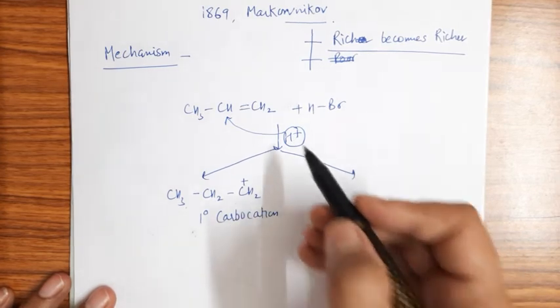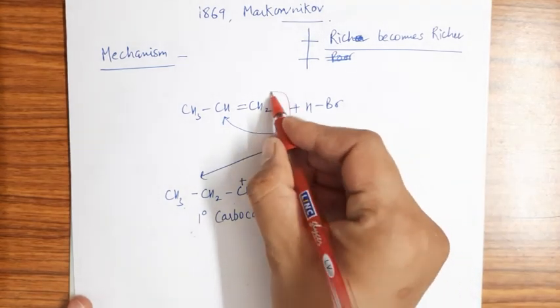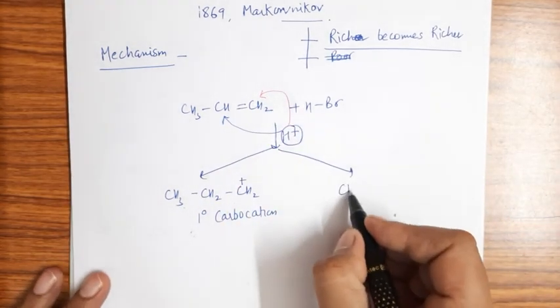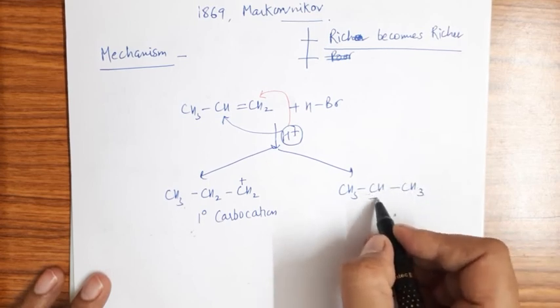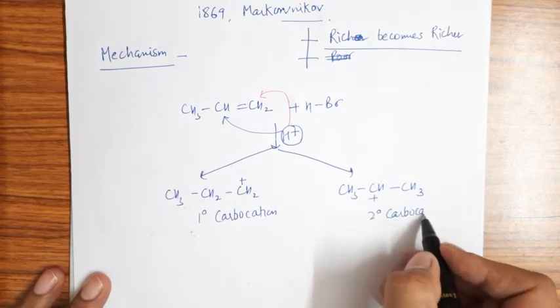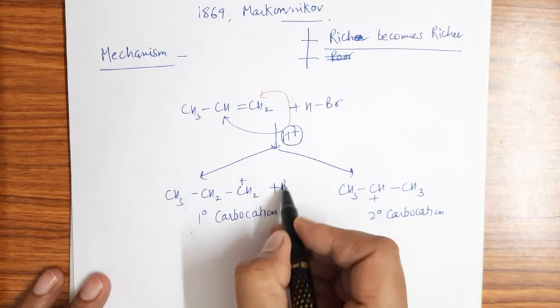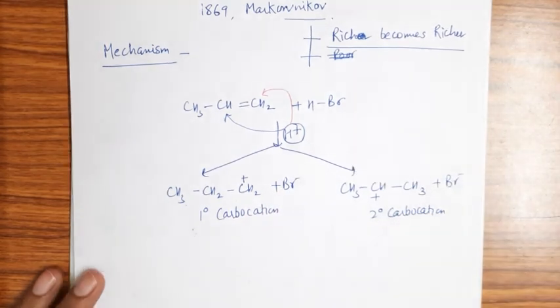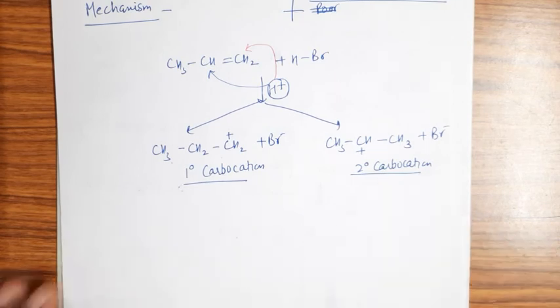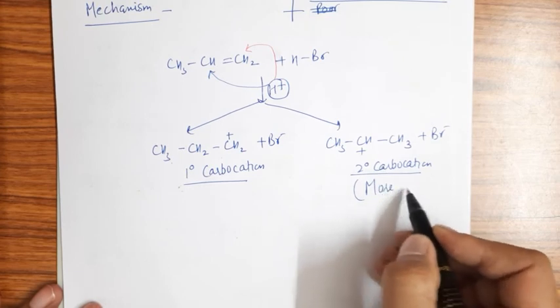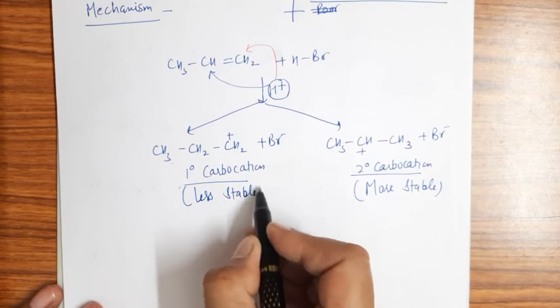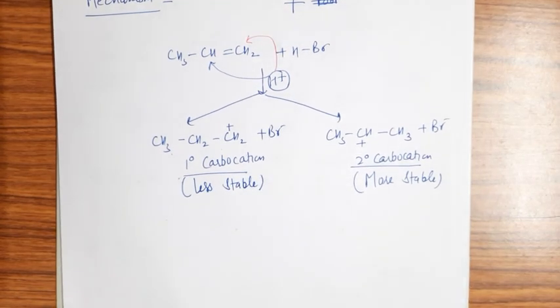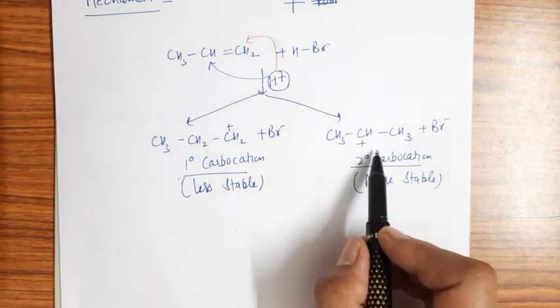If I do addition to this carbon, there will be formation of a 2 degree carbocation. As we know, secondary carbocation, that means 2 degree carbocation, is more stable as compared to 1 degree carbocation, which is less stable. So it is very clear that the possibility of formation of this compound will be more.